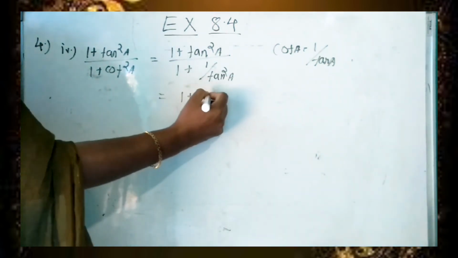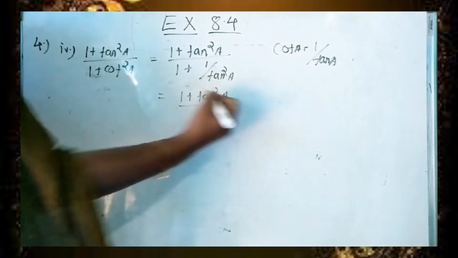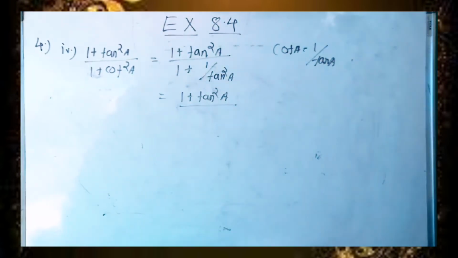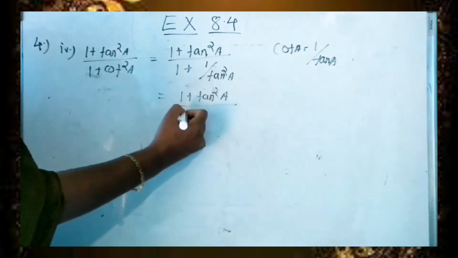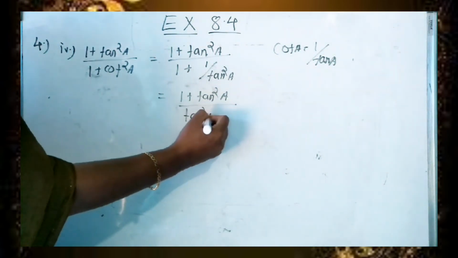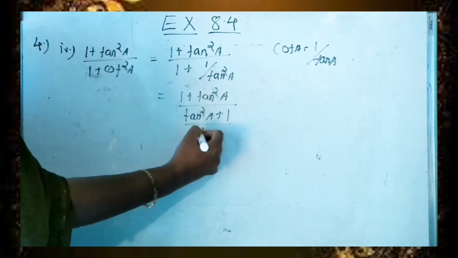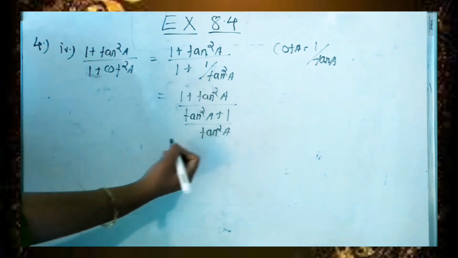And this is equal to 1 plus tan square A divided by, just take the LCM in the denominator, that is tan square A plus 1 divided by tan square A, we will get.